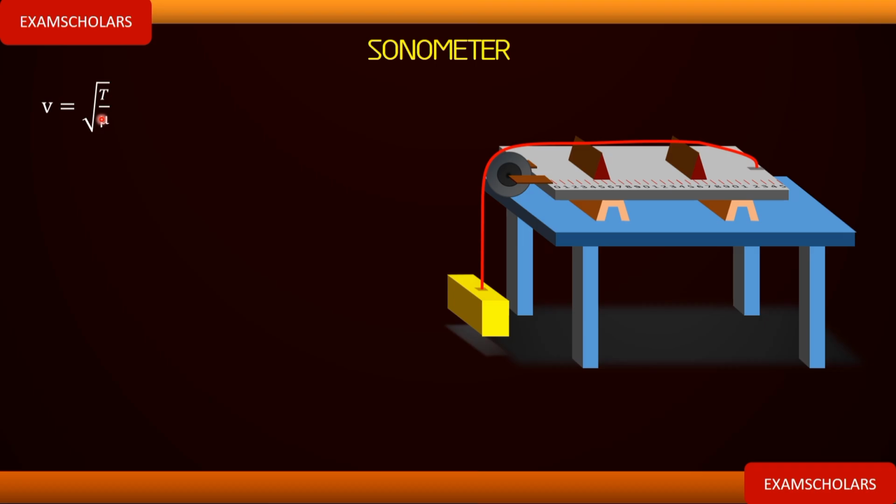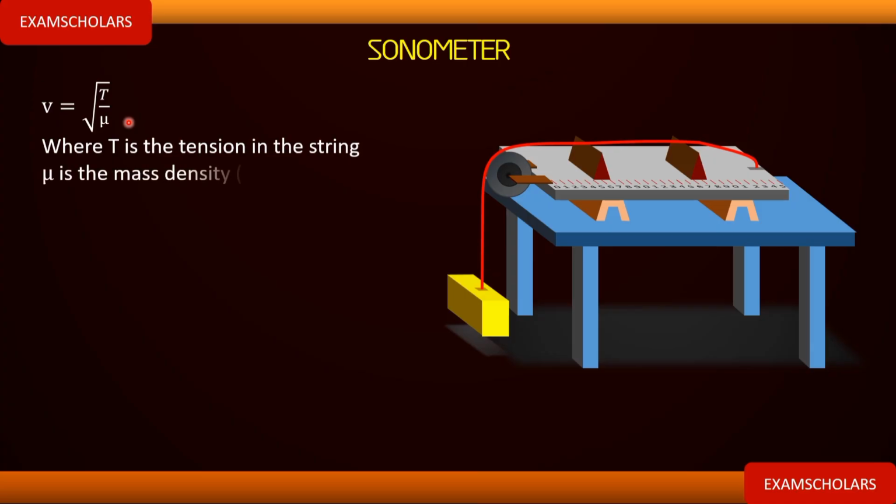If it is a solid, elastic modulus or modulus of elasticity divided by density. But for a transverse wave, the velocity of the wave is equal to the root of the tension, for instance in the string, divided by the mass density, where T is the tension in the string and mu is the mass density, mass per unit length.